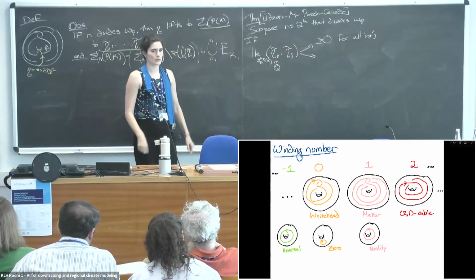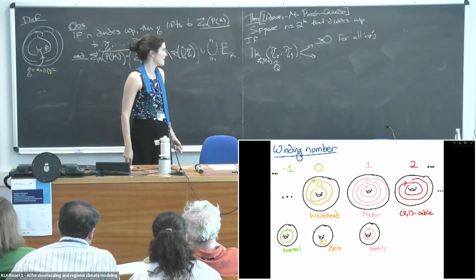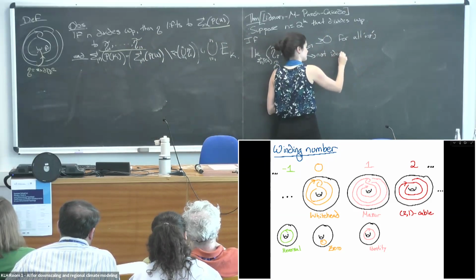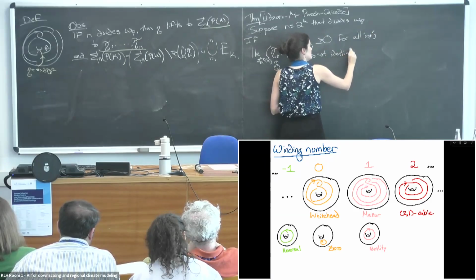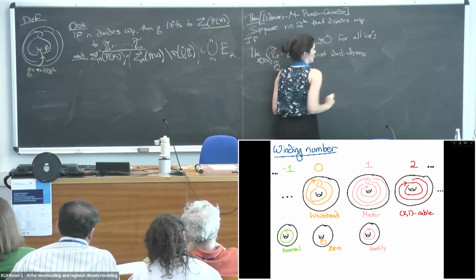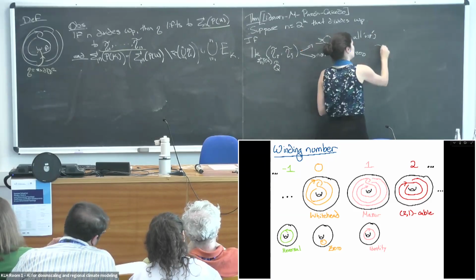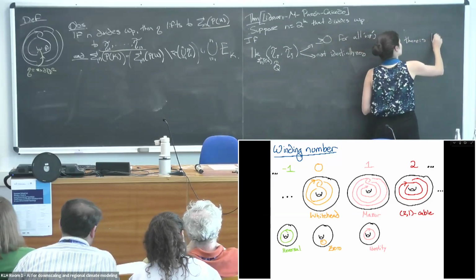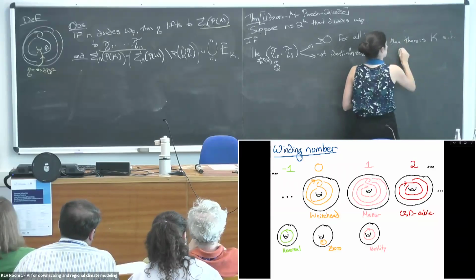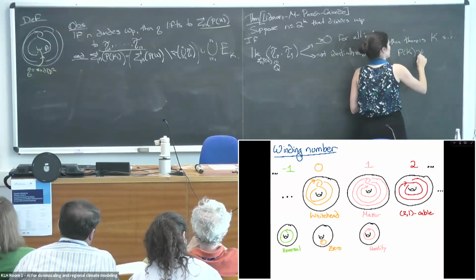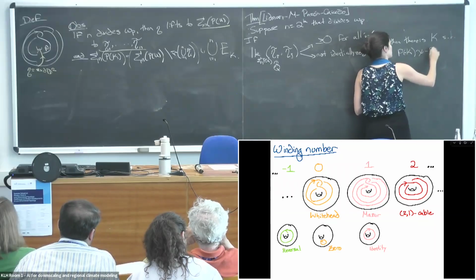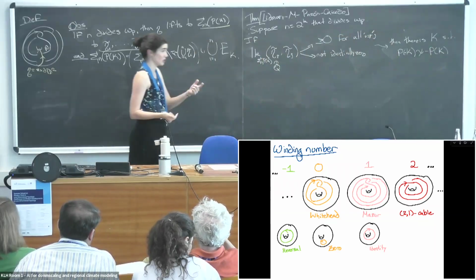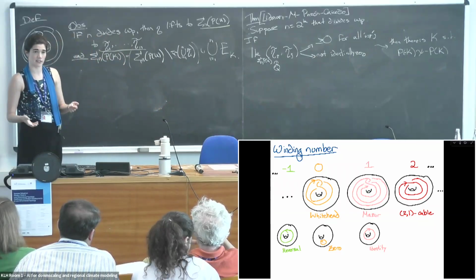But if it's greater than or equal to 0 for all i not equal to j, and it's not identically 0, well, then there is a knot K such that P of K is not concordant to minus P of minus K. And the way we do that is by looking at d-invariants of branched covers, as I've hinted at.